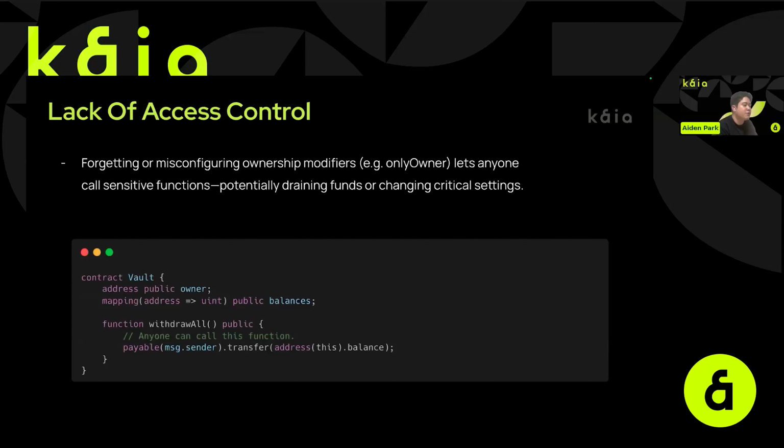Before deploying the contract, like in this case, there is a vault contract that just keeps the funds for the owner, and there is a withdrawal function that basically withdraws all funds from this contract to the owner address. But in this case, there is no access control for this withdrawal function.